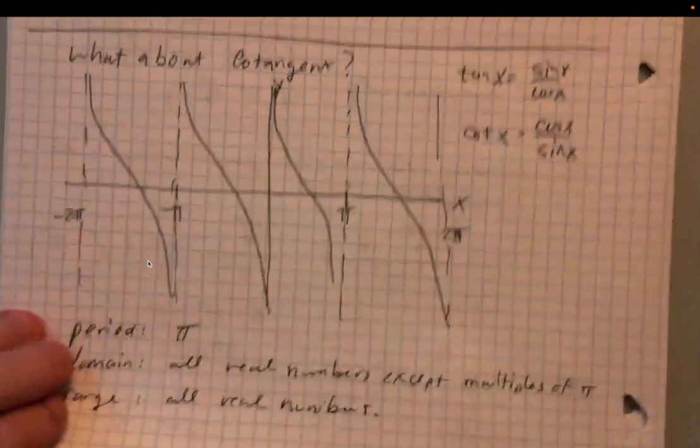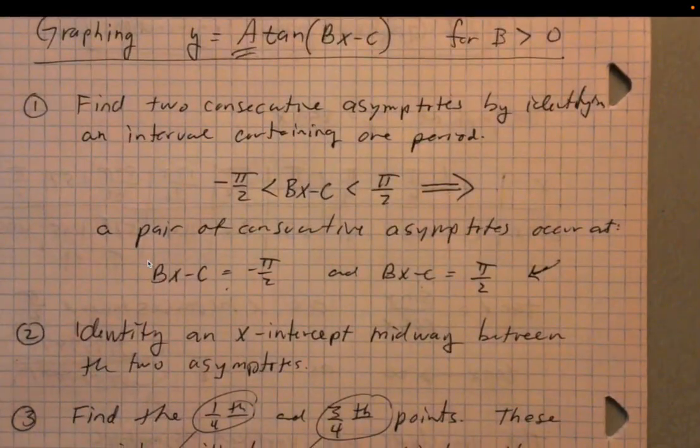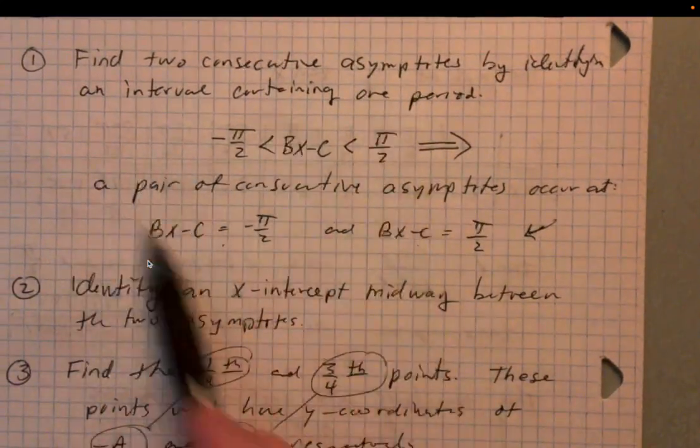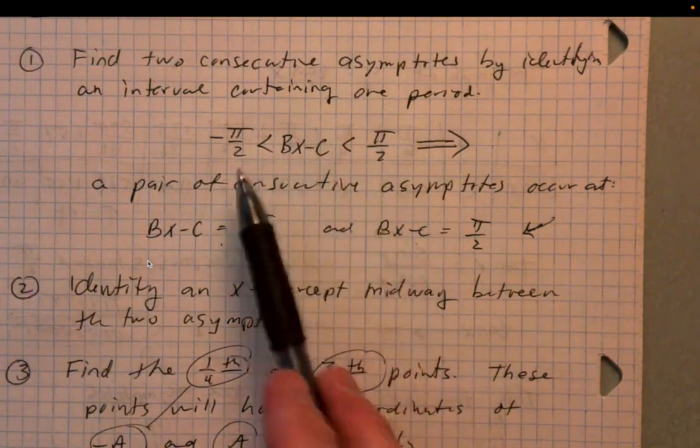Right? So how does it vary? I'm going to skip an example of this because I think it's so similar. The only place it varies is in step 1 when we find the 2 consecutive asymptotes.